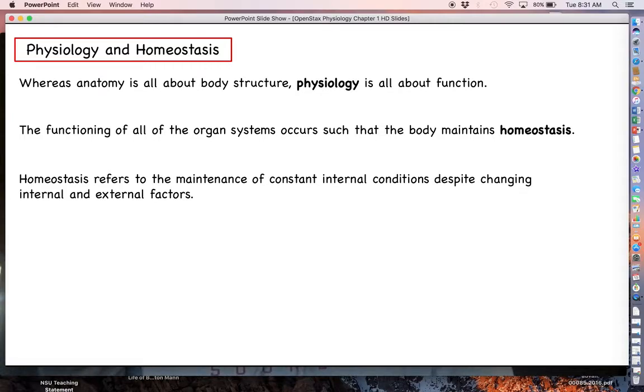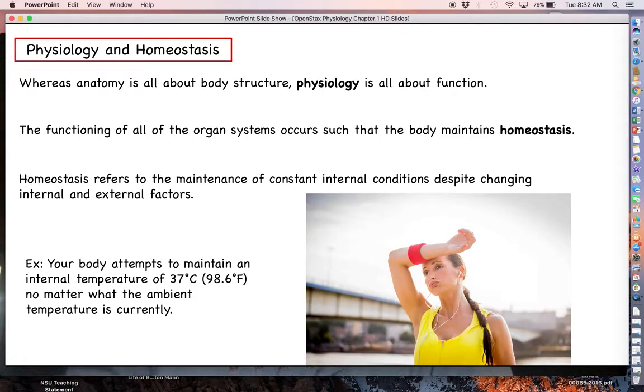We do not want things like your blood pressure or your body temperature changing too terribly much. Ultimately, that is what physiology is all about. That is what the function of your brain and your heart and your kidneys is all about. They function in such a way to make sure that things like your blood pressure and your blood glucose do not change too terribly much.